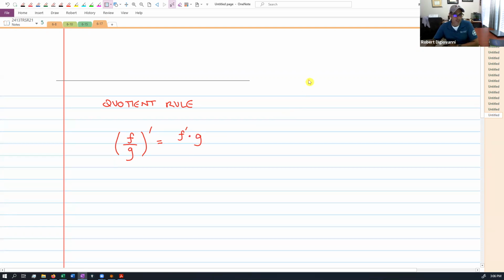So far, doesn't that look like the product rule? That's exactly the same as the start of the product rule. Instead of plus, though, you put a minus. And then you go derivative of g times f. So right now, that is exactly the product rule with a minus in between, right? That's the only difference.